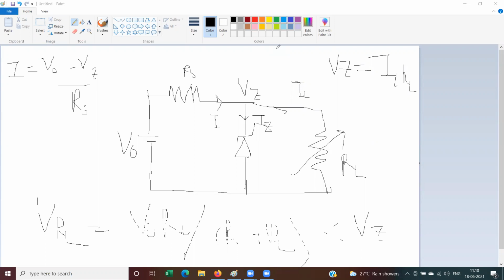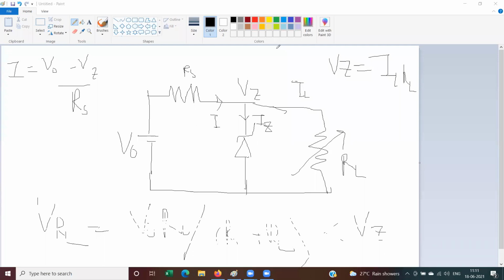Sir, 1 ampere. 1 volt, 1000 ohms. 1 amp or 1 milliamp? If 1 volt is dropping across a 1000 ohm resistance, what would be the current?